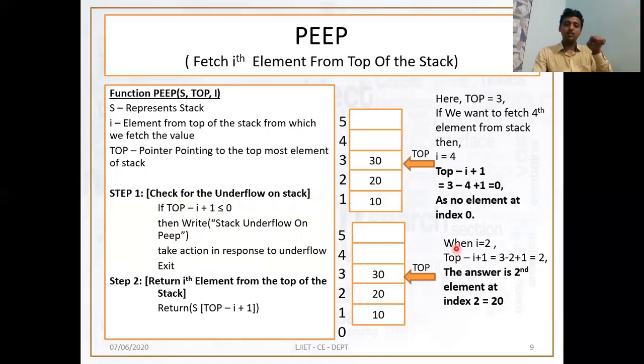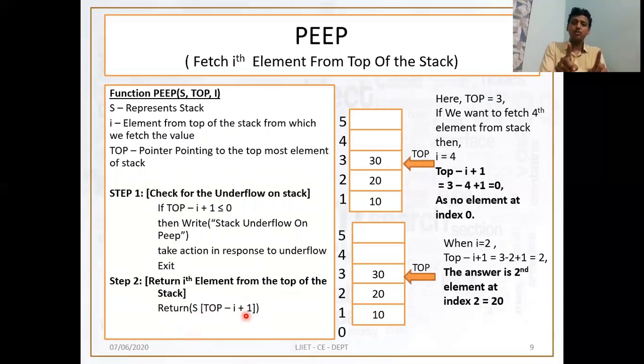Now put it in this formula: top is 3, i is 2, plus 1, so 3 minus 2 plus 1 gives index value 2. Which element is situated at index 2? It is 20. So that becomes my right answer. That is, return a[top minus i plus 1].